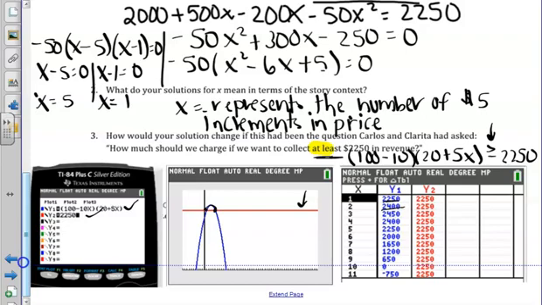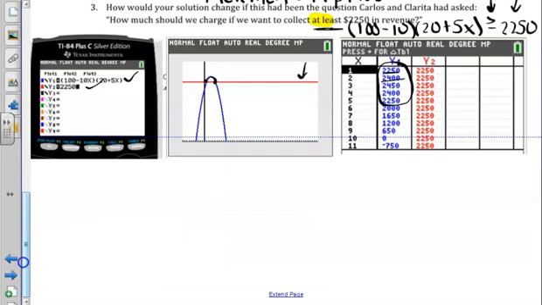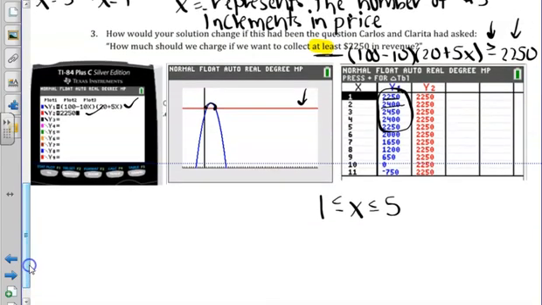And if we look at all of these values, when x is 1 through x is 5, we can see that all of those y values do give us a value that is at least $2,250 or more. Therefore, we would say that the solutions here would be 1 is less than or equal to x, which is less than or equal to 5. So we can write it as a range of values because it is an inequality versus an equation.